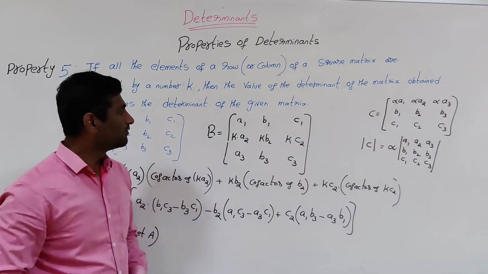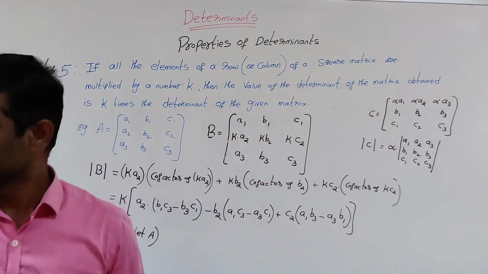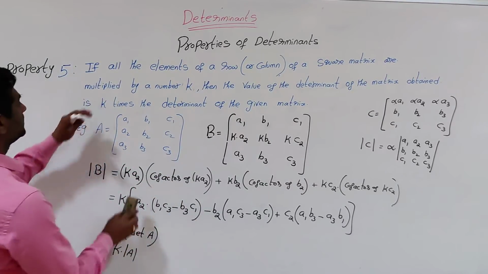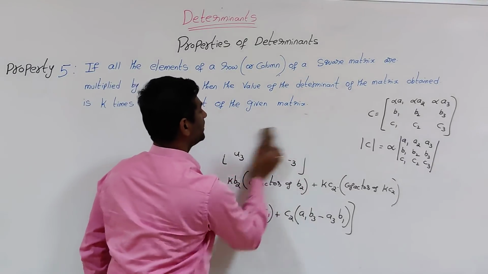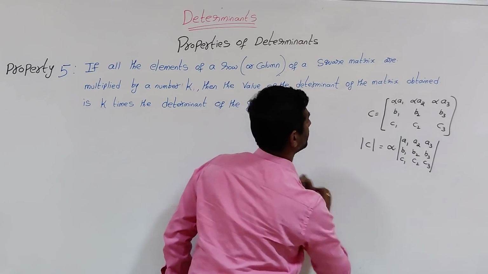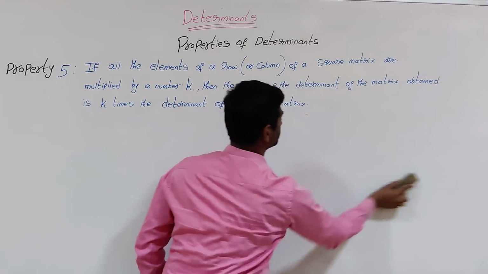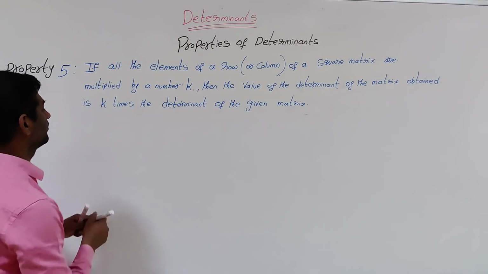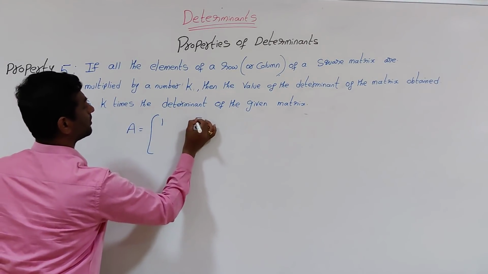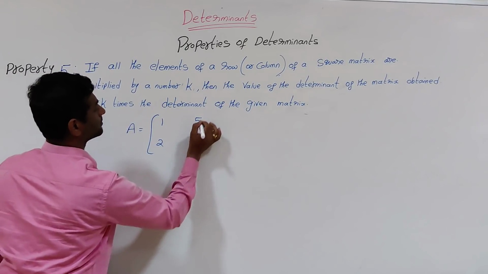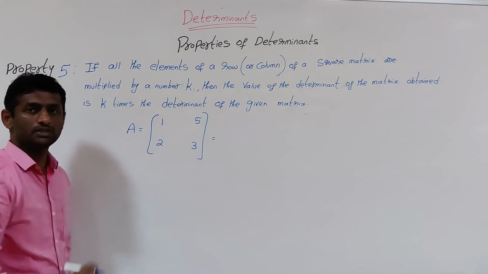So we'll take a small example and wind up. Let's see the same property with one example by taking a 2 by 2 matrix. That is, A is equal to 1, 5, 2, 3. Just see the result.